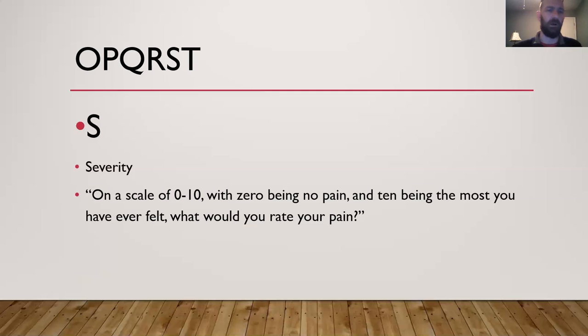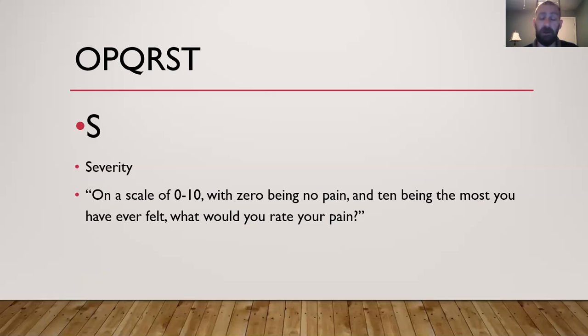All right. So severity: a scale of 0 to 10, 0 being no pain and 10 being the most you've ever felt. How would you rate your pain right now? Now that's for pain. We can also rate medical conditions, particularly repeat medical conditions.